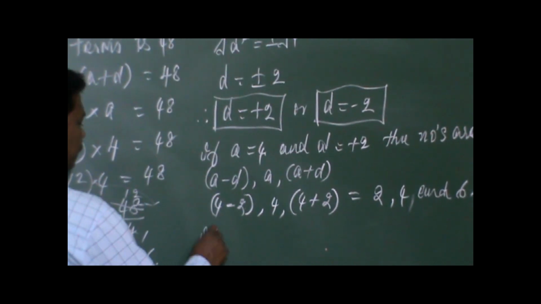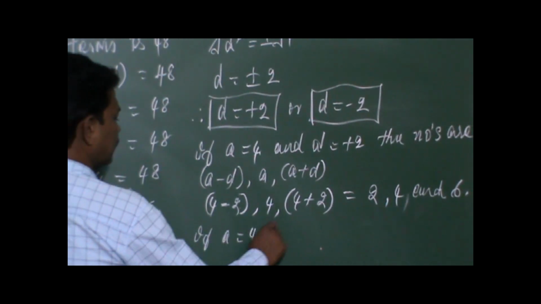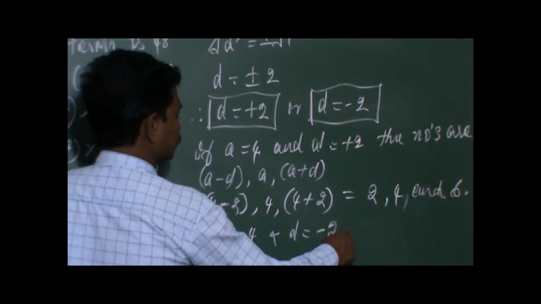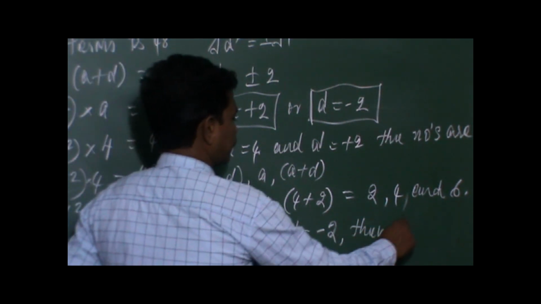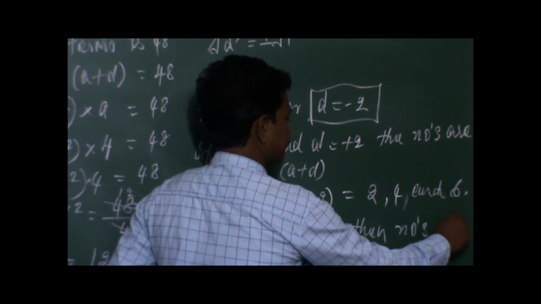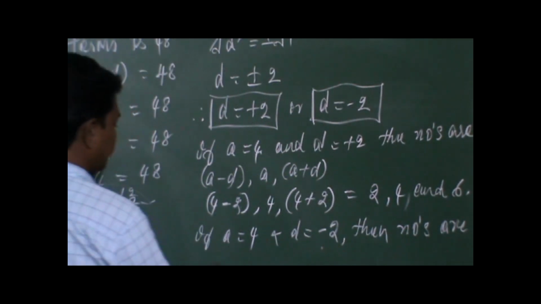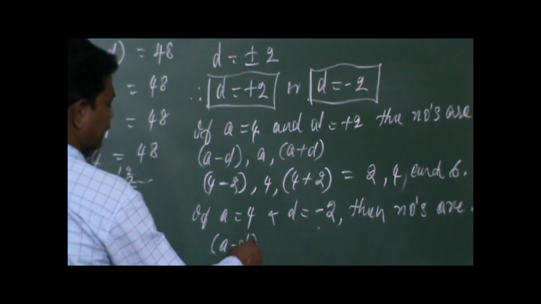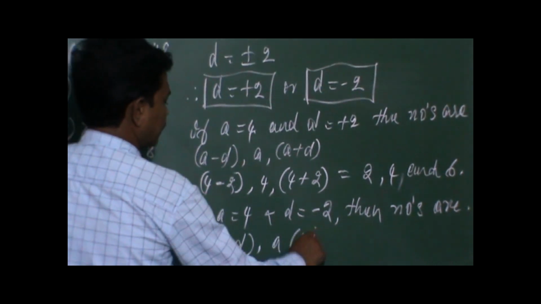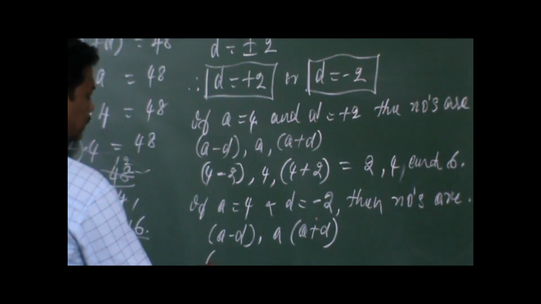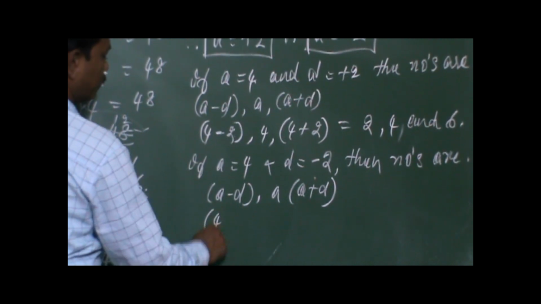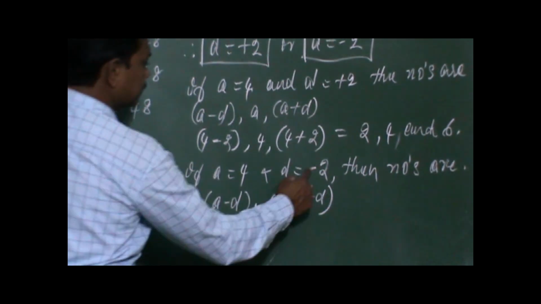If A is equal to 4 and D is equal to minus 2, then the numbers are, again write down their general form, A minus D, A, A plus D. So again A is 4, minus D is minus 2.